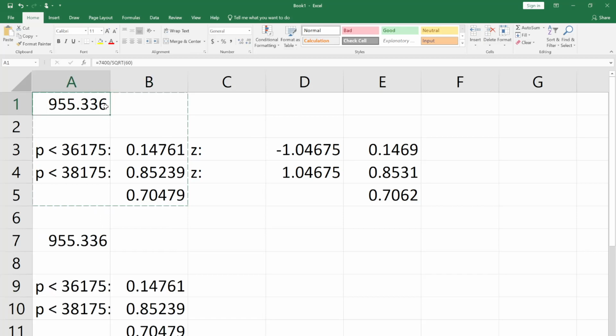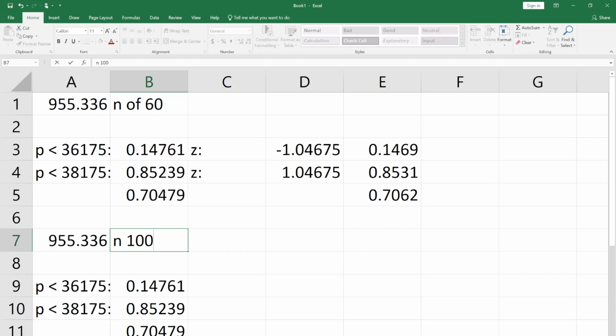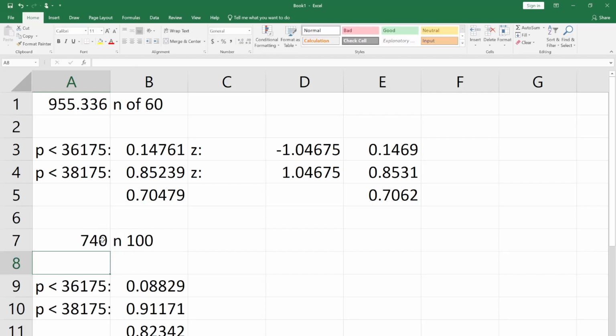For this one, our sample size was 60. Now notice in our standard error, that's where we put the sample size. And then with these functions, we had just clicked on the standard error. So down here, we're going to update that standard error formula to a sample size of 100. And now these are going to automatically update.